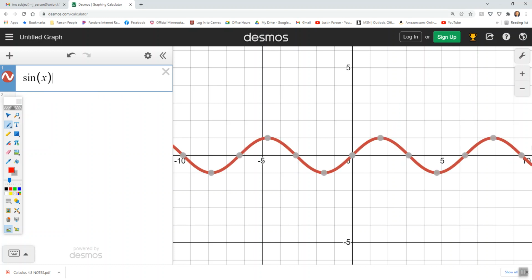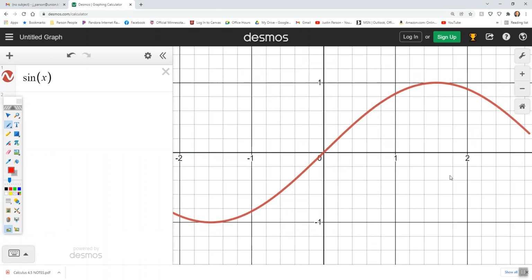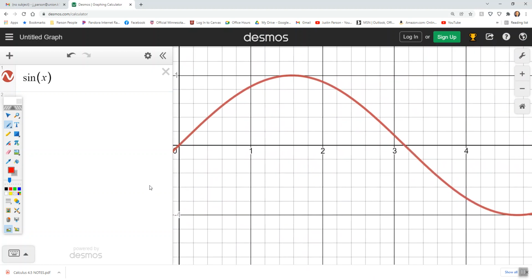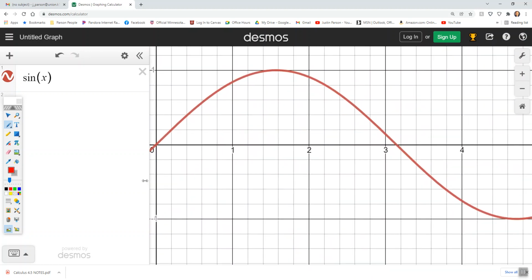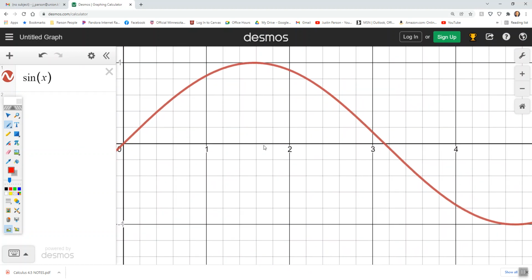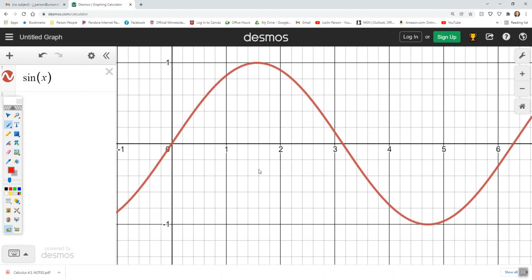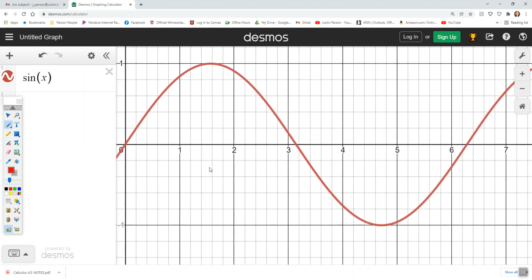You guys agree with that? Okay, I'm going to kind of just look at one interval here real quickly. So I'm going to zoom in a little bit. Kind of look at maybe one cycle of the sine function here. So let's see what I can come up with. Now remember, everything that we're talking about is measured how now? Not in degrees, but in.